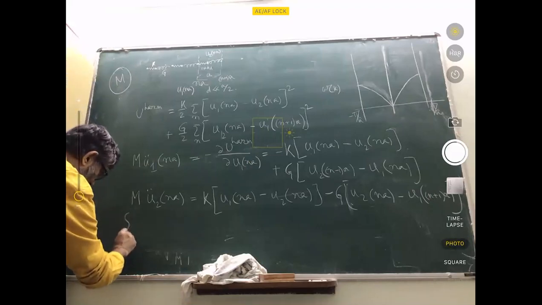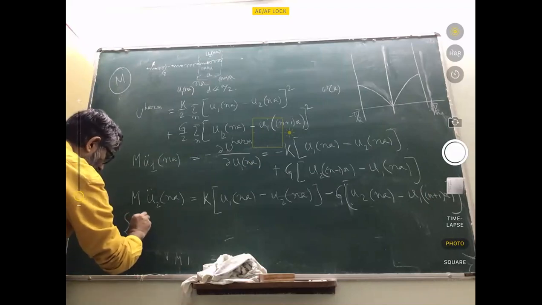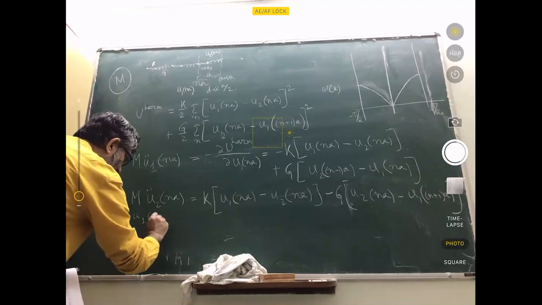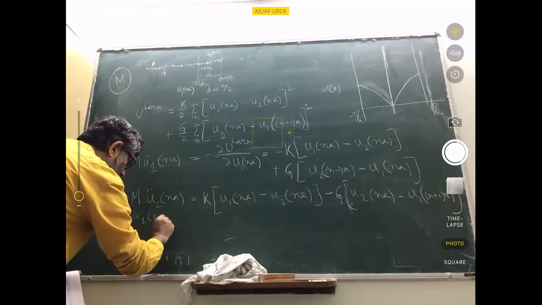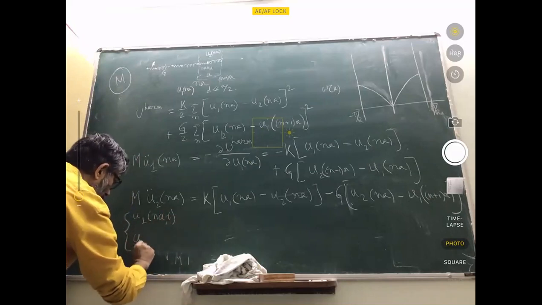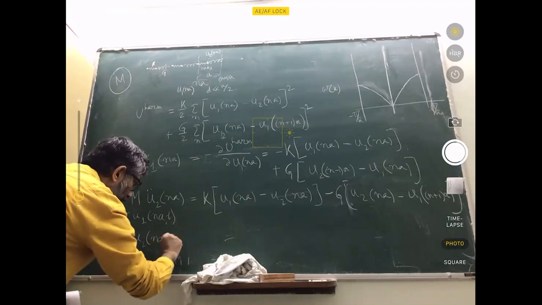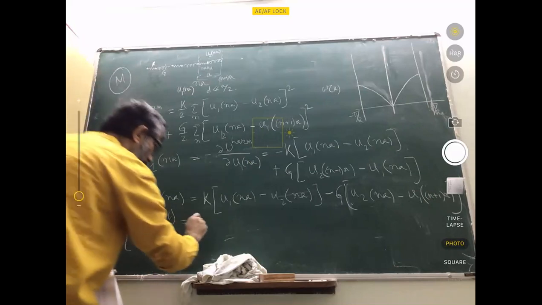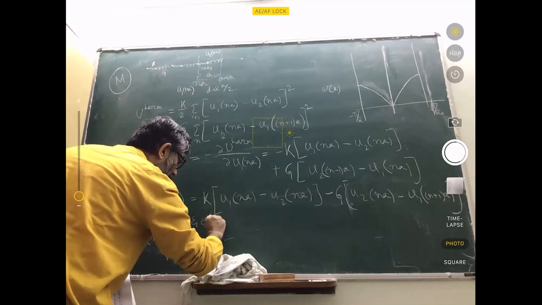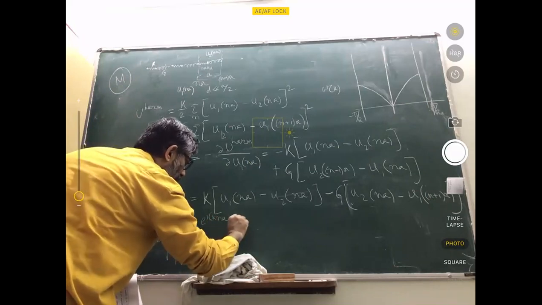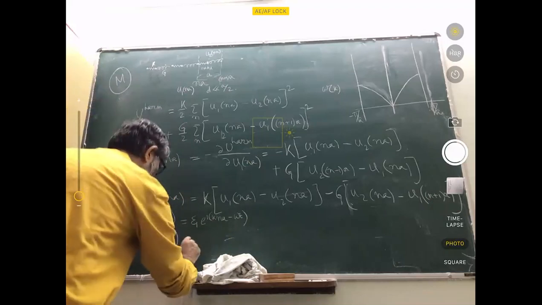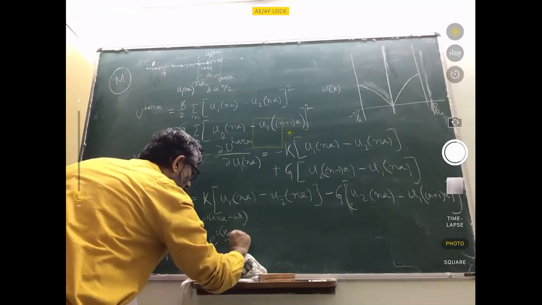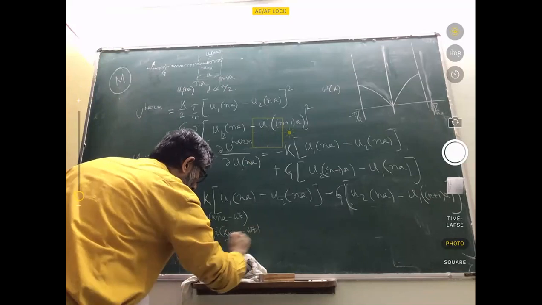We now seek solutions in this plane wave form, but now we have two types of atoms. So we'll write this as some epsilon 1 e to the i, and this one as epsilon 2.